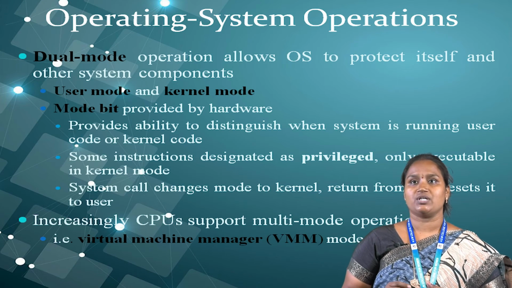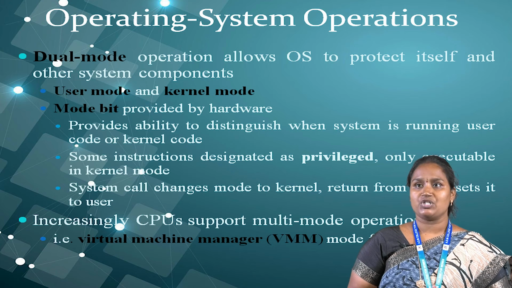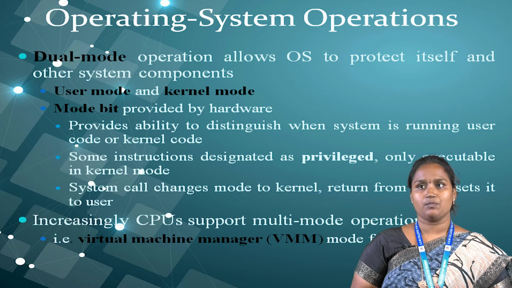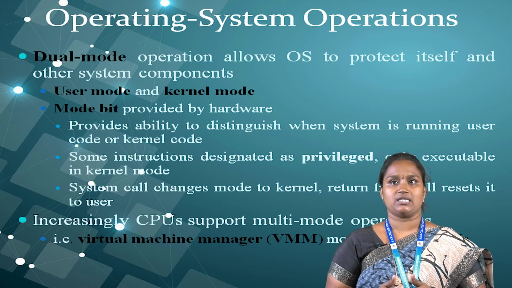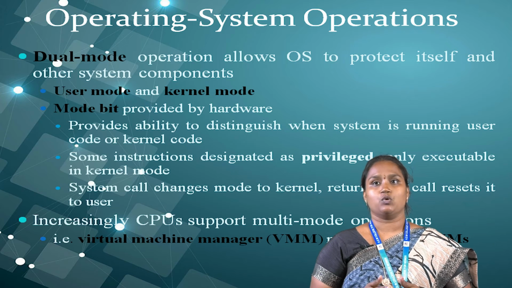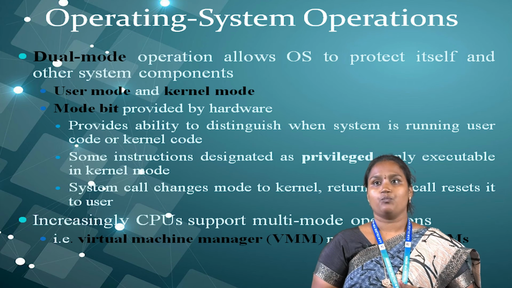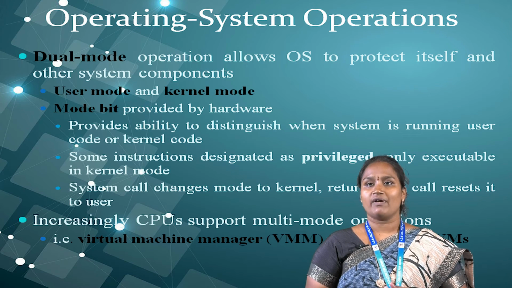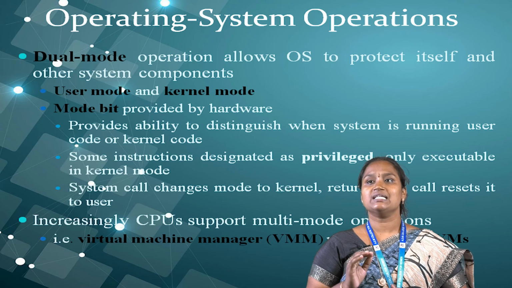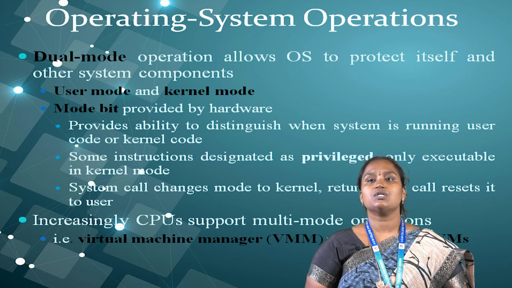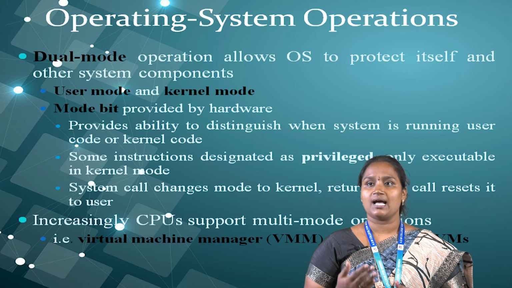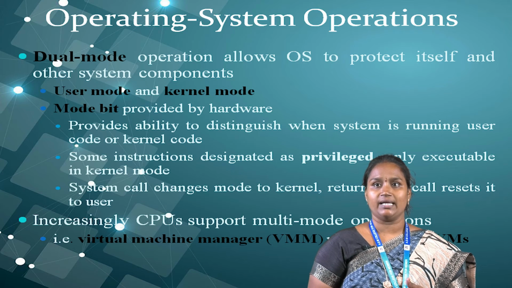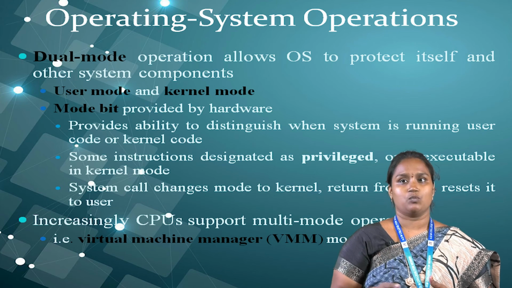Operating system operations: dual-mode operation allows the operating system to protect itself and other system components. User mode and kernel mode. A mode bit provides the hardware with the ability to distinguish when the system is running user code or kernel code. Some instructions are designated as privileged, only executable in kernel mode.